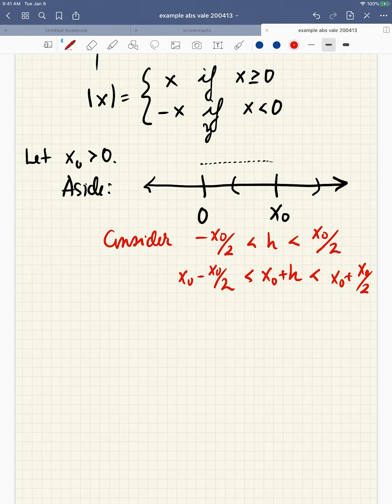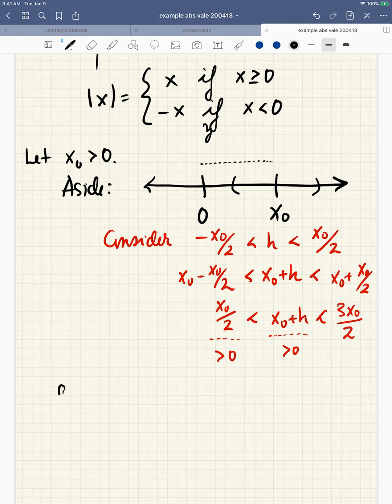And so simplifying on the left, I get x naught over 2 less than this, which doesn't change. And this over here is 3x naught over 2. But notice this right here, this is greater than 0. So it means all of the x naught plus h's are also going to be greater than 0. And I'm going to use that in a second.